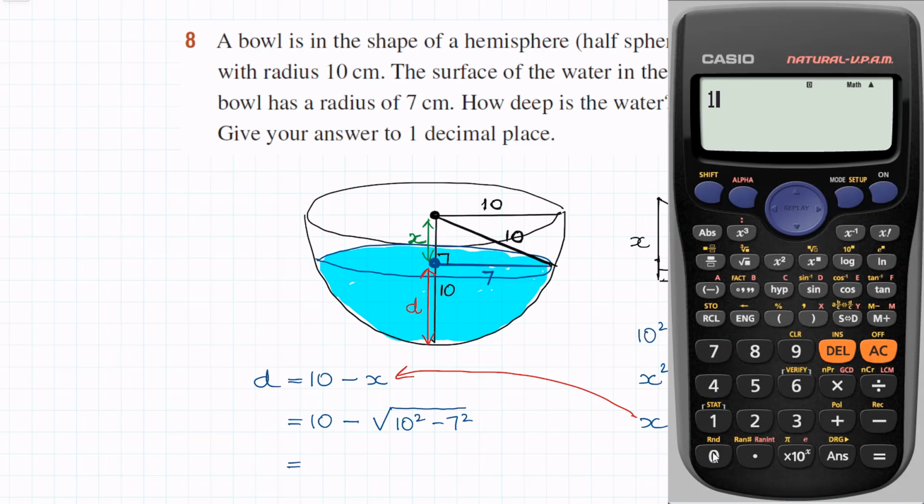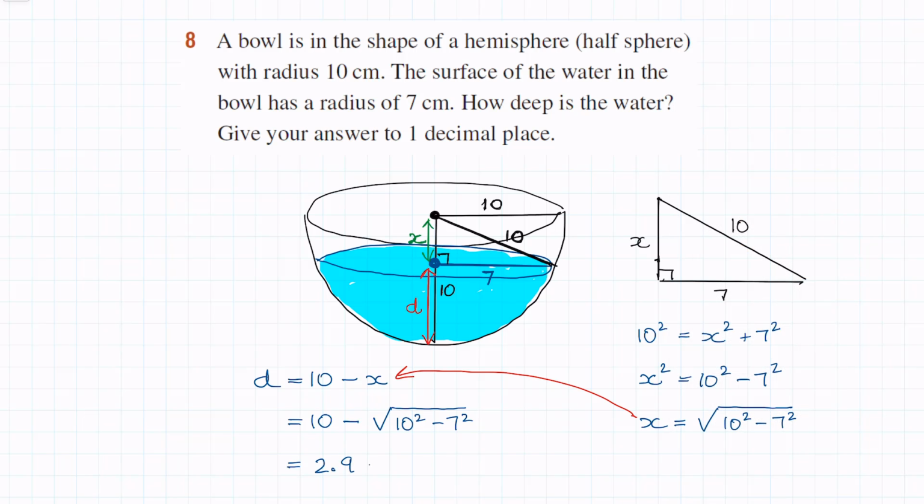So we'll go 10 minus the square root of 10 squared minus 7 squared. And we get the answer as 2.9 if we're rounding to one decimal place. So that will be 2.9 centimeters, and that's an approximate answer given we've done our rounding. But that is how you answer that question.